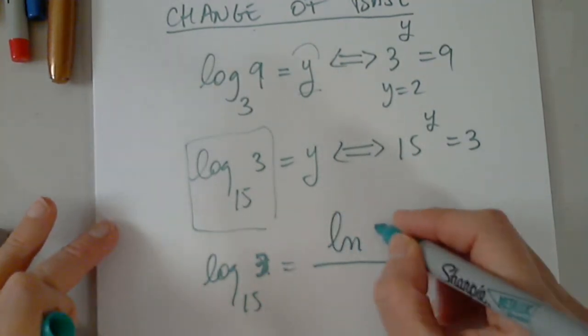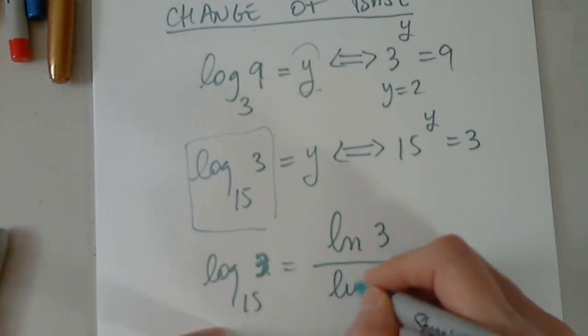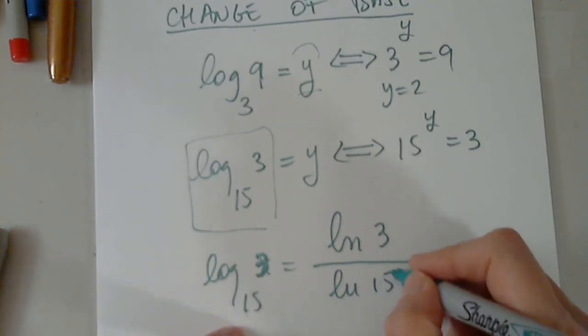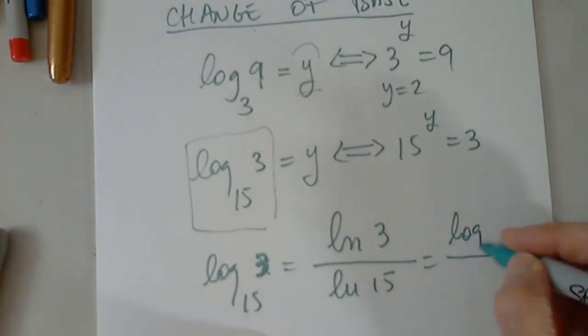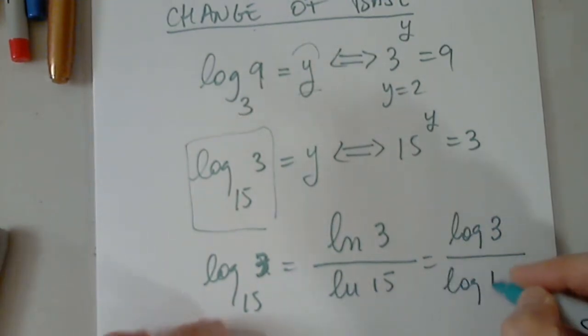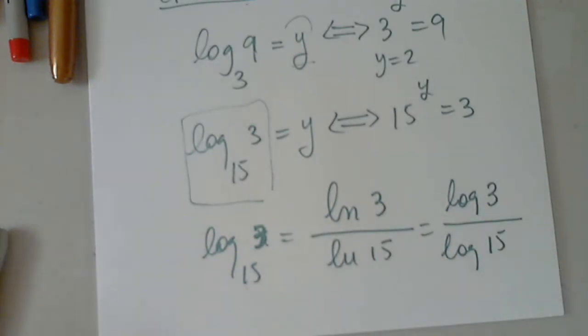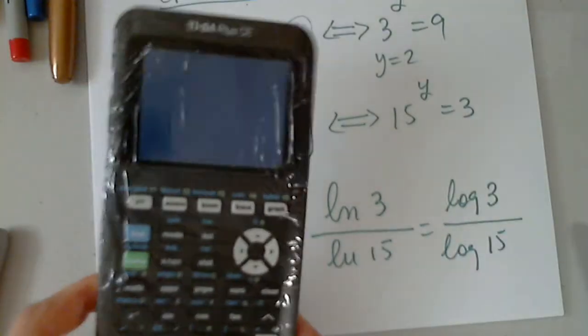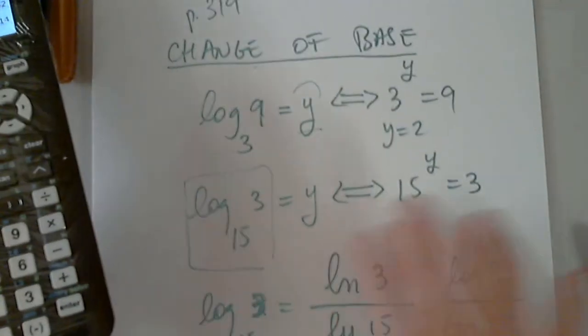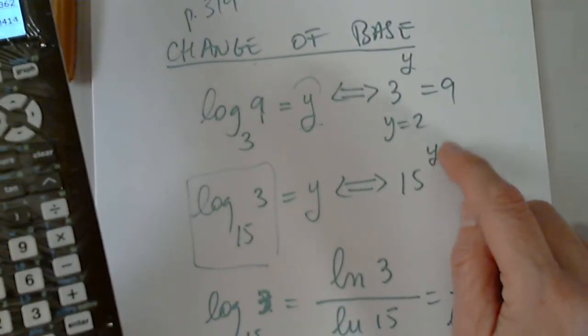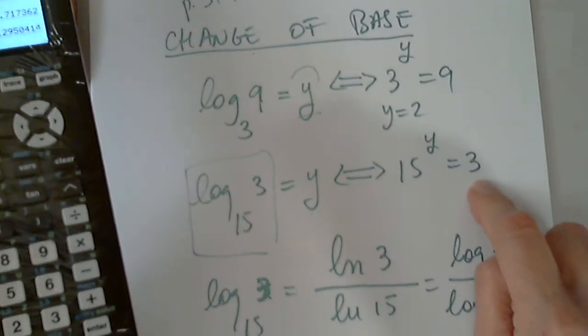Either use natural log of the number over natural log of the previous base, both natural log, or both log, same thing, of 3 over log 15. Because you have those. All calculators have natural log and common log. It must be only one number because 15 is raised to only one number to get 3.